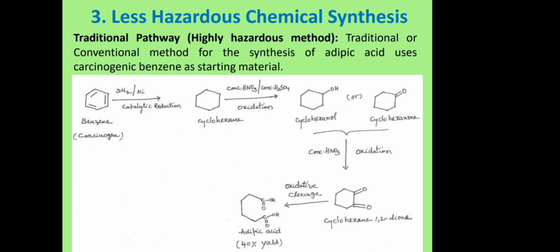And this cyclohexane reacts with concentrated HNO3 in the presence of concentrated H2SO4. We have cyclohexanol or cyclohexanone. This can be reacted with concentrated HNO3, and further oxidation gives cyclohexane-1,2-dione. Here this is reacted further and we get adipic acid, 40%.